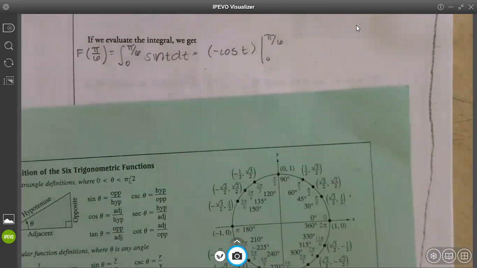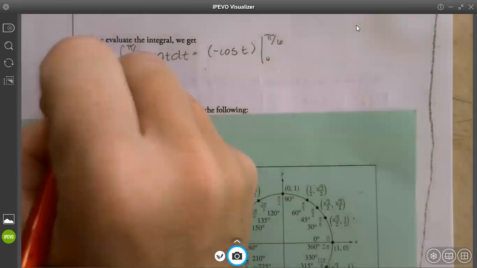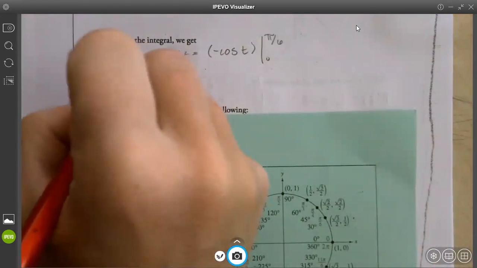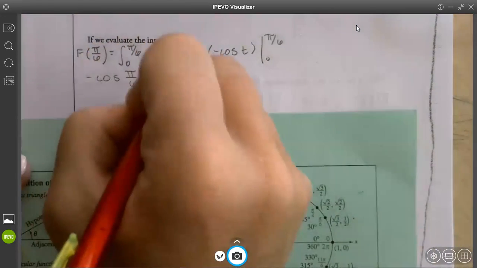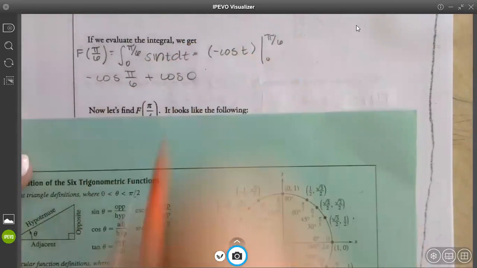Again, know that unit circle. Pi over 6. What is your x coordinate for pi over 6? Square root of 3 over 2. So we're going to do negative cosine pi over 6 minus negative cosine, or plus cosine, of 0.